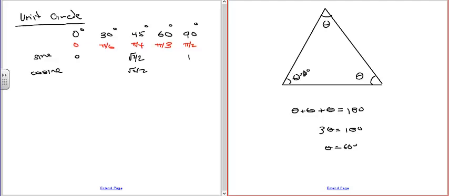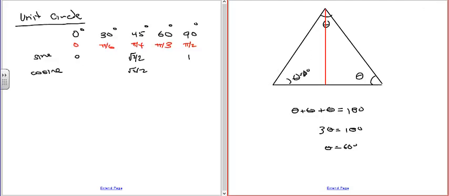Now, if you take that equilateral triangle and you take a straight line from the vertex of one side, and you can see it's not quite equilateral, so let's just make it look a little more equilateral here.